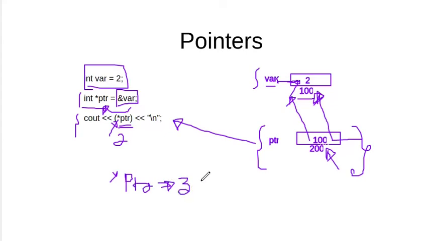Afterwards, if I ask you to print the value of var, it will be printed as 3. After executing this operation, we go to the address the pointer is holding, which is 100, move inside whatever is present at that address, and change the content from 2 to 3. So this will print the value of the variable as 3.